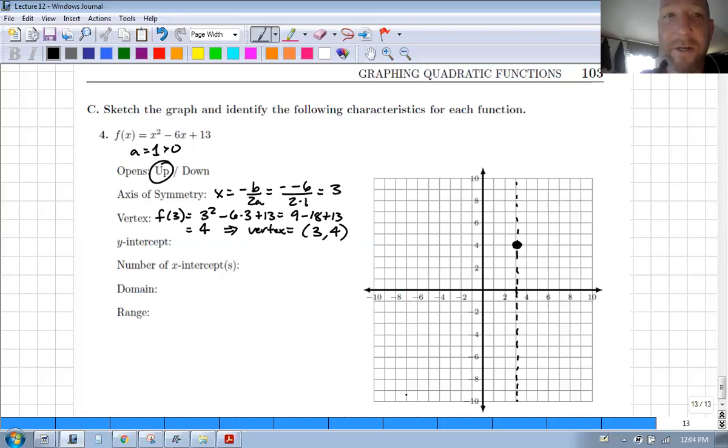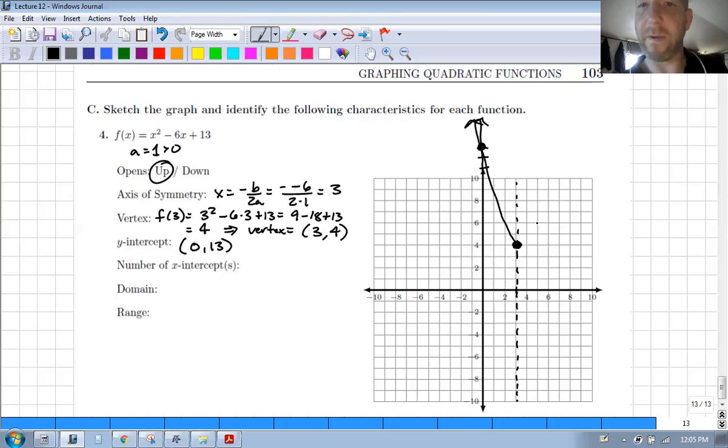Now to find our y-intercept, we plug in 0 for x. We're left with just 13, right? So our y-intercept here is (0, 13). So up here, 10, 11, 12, 13. So we know this guy looks like this.